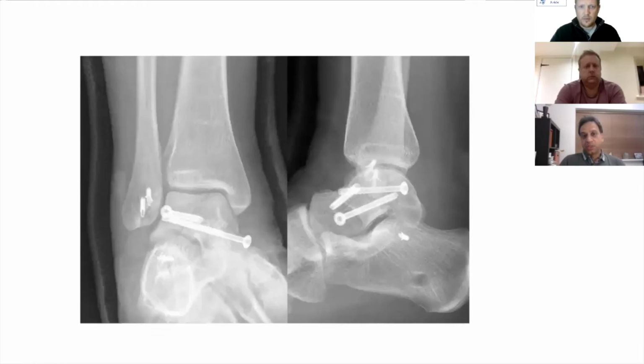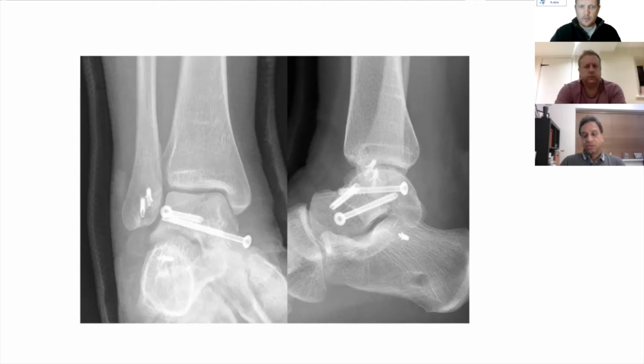But when I opened it up, I realized that the ATFL had completely gone off. And interestingly, the CFL in this case was peeled off from the os calcis. So it wasn't from the fibula itself. It was actually from, as you can see, the anchor. It was from the os calcis.